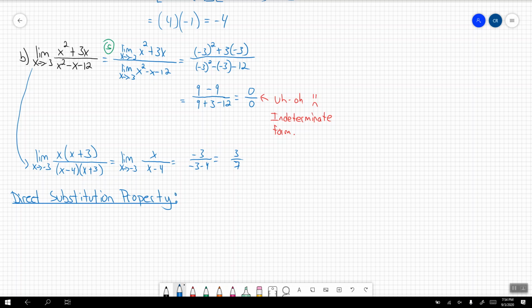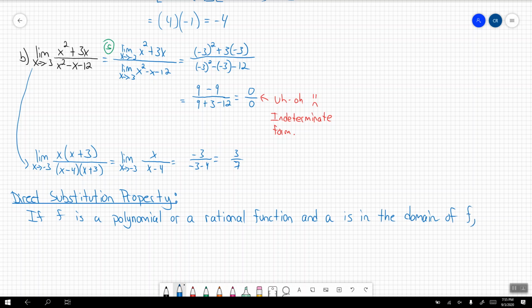The direct substitution property is kind of what you just saw previously in part A and part B. This says if your function f is a polynomial or a rational function, and a is in the domain of your function f, then the limit as x is approaching a for f of x is equal to f of a.